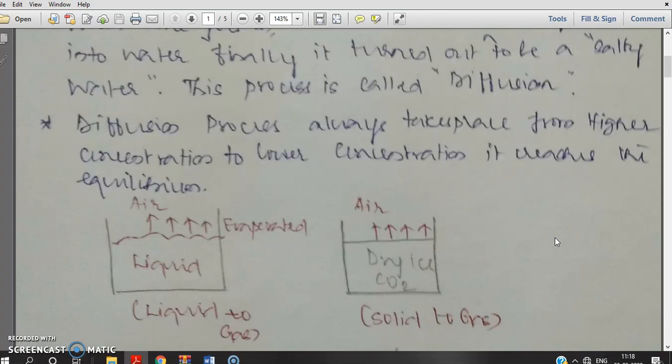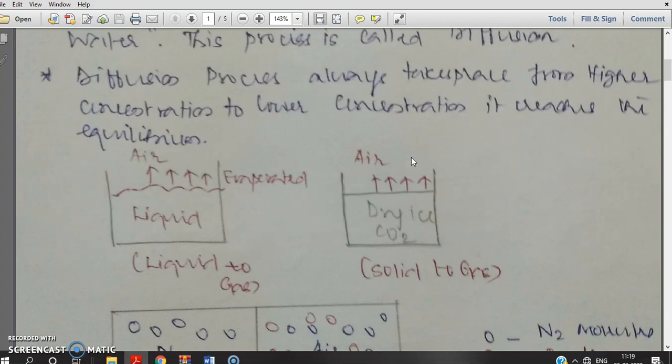The same phenomenon is followed here: as long as a concentration difference exists, mass diffusion takes place. When it reaches equilibrium, meaning the same concentration exists all over the fluid, the mass diffusion stops.